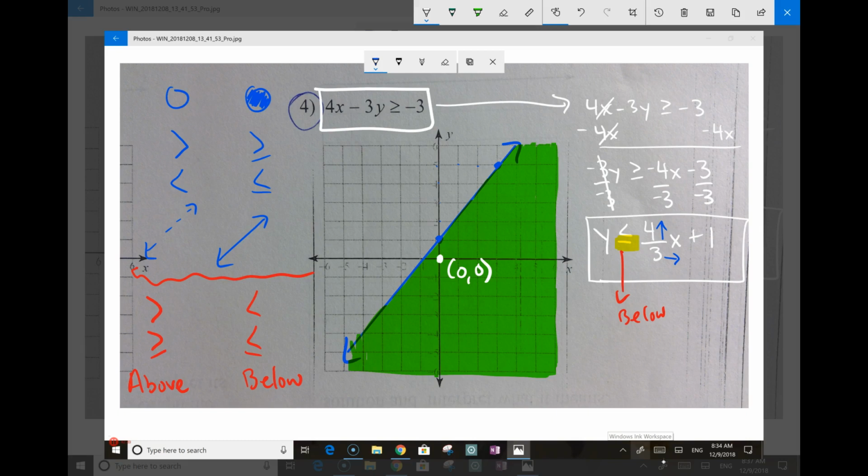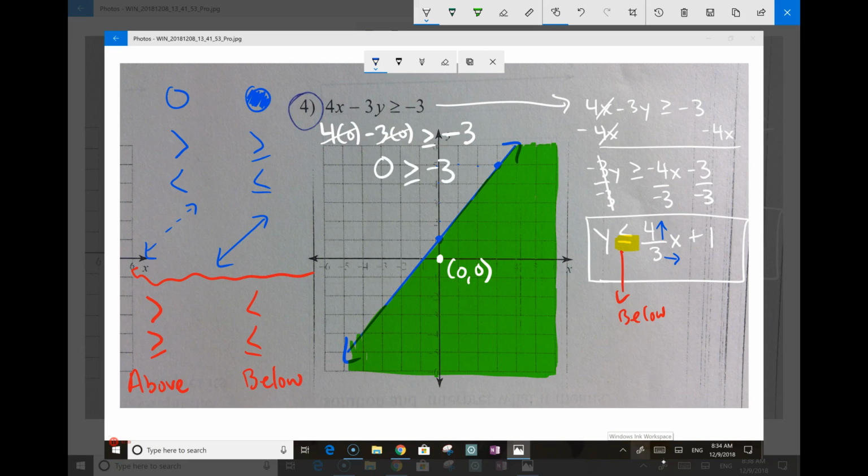I want to go back to what was given to me at first. So replacing the x and y, what I get is 4 times 0 minus 3 times 0. And I want to see, when I use those numbers, do I get something that is either -3 or greater? Multiplying by 0 means these two basically wipe out, and I get 0 is greater than or equal to -3.